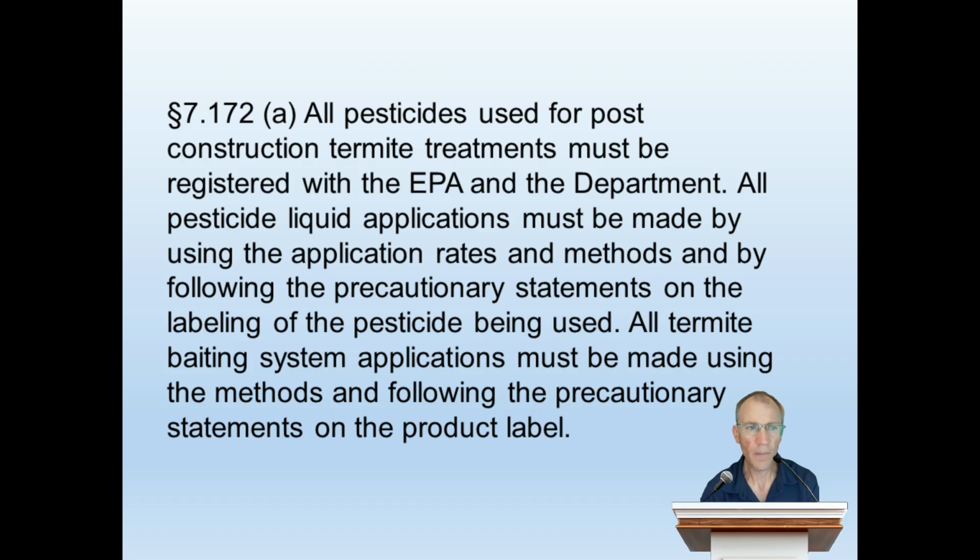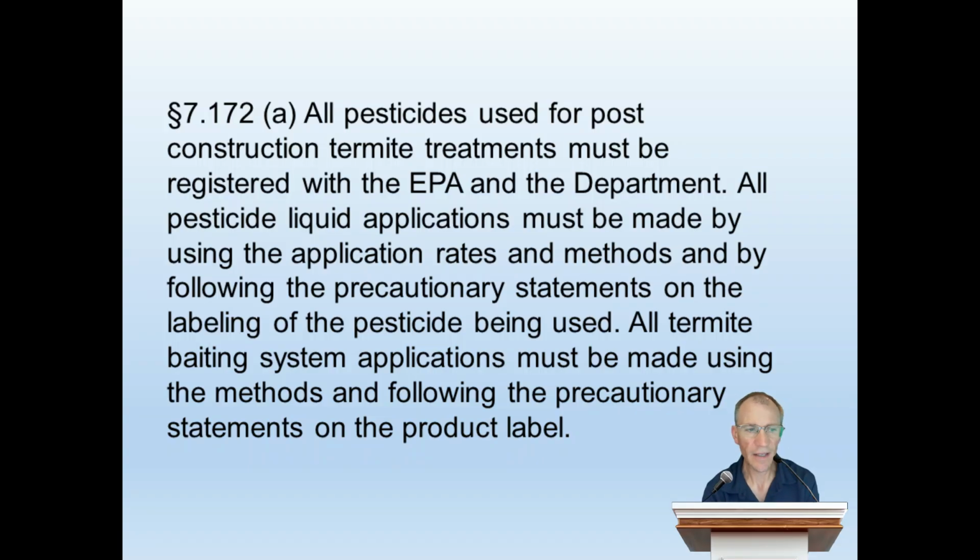7.172A. All pesticides used for post-construction termite treatments must be registered with the EPA and the department. All pesticide liquid applications must be made by using the application rates and methods and by following the precautionary statements on the labeling of the pesticide being used.